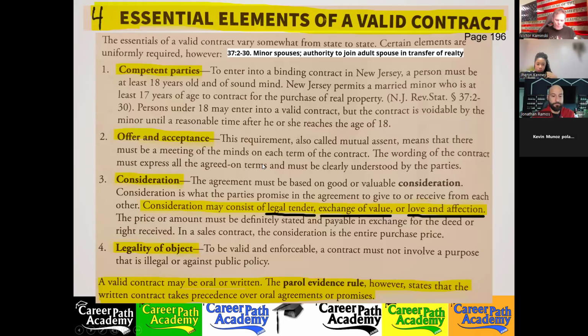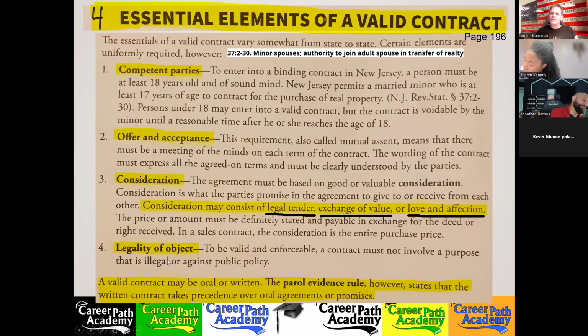In the book, we could highlight and then write the number 4 in front of the title. What are the four essential elements of a valid contract? And then highlight competent parties, offer and acceptance, consideration, and there are 3 types of consideration: legal tender, exchange of value, and love and affection.